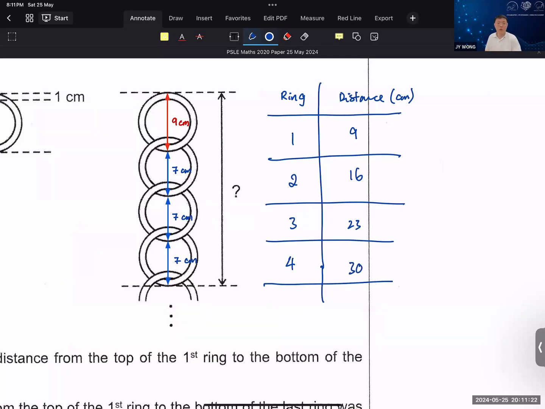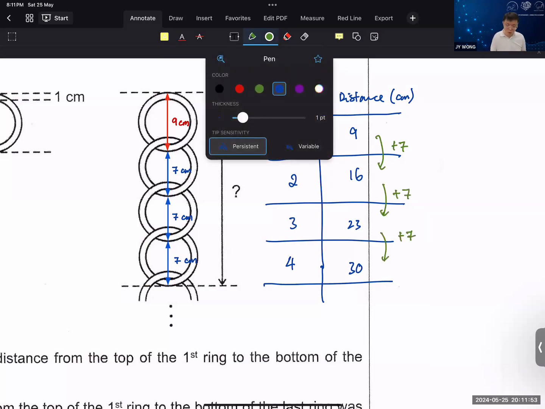If you draw it out on the diagram itself, you will see it. And that's why when they give you a diagram, it's for a reason. Correct or not? Based on this, you represent the information. What do you realize? Plus 7, plus 7, plus 7.